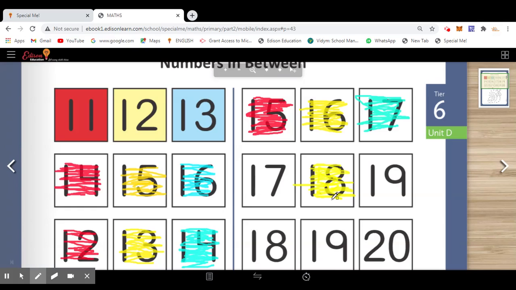Okay, now tell me which number comes before 18. Before 18 comes number 17. 17 comes before number 18. So here we will fill red color.